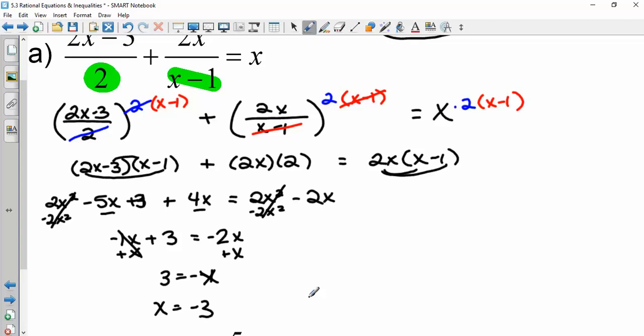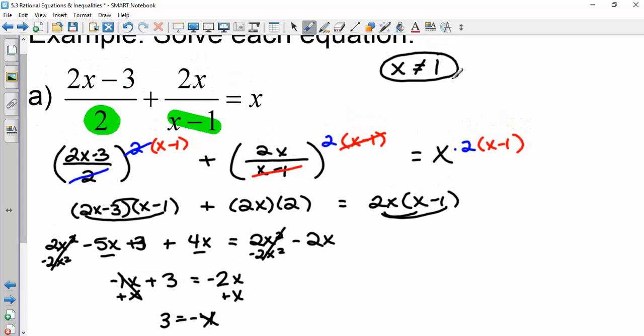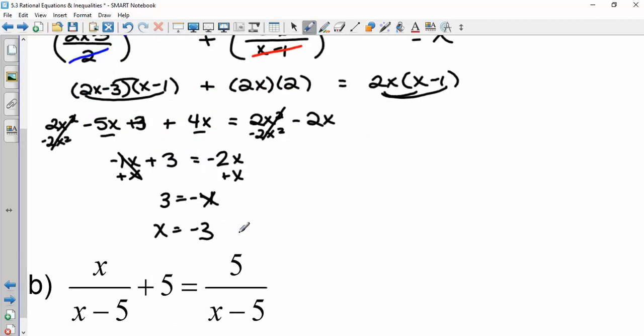Now, at the end of this, you do have to check your answer, so you have some options for that. You could plug it into the original equation, and it should work. Always a good idea to do that. At the very least, confirm it with this. We already said that x can't be 1, so is negative 3 an okay answer?